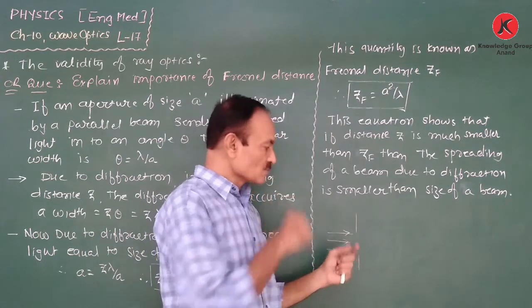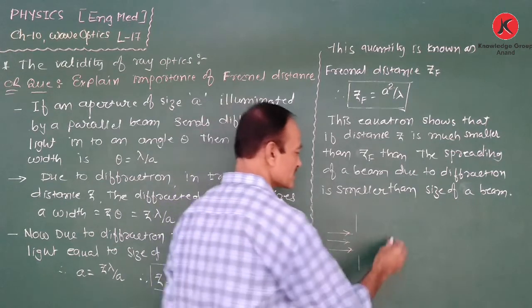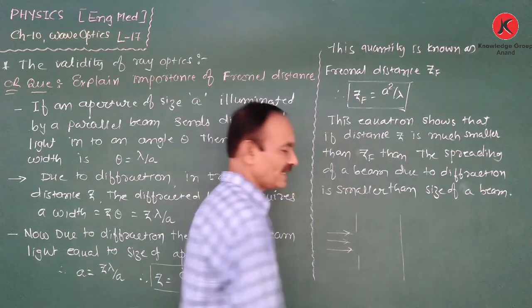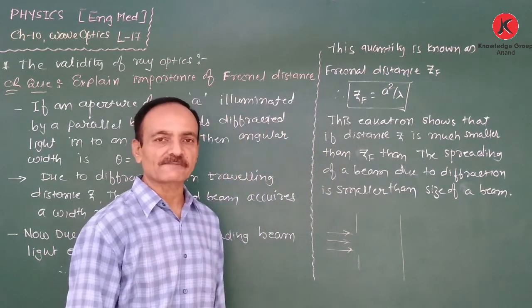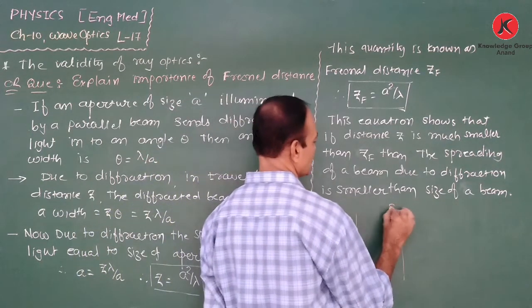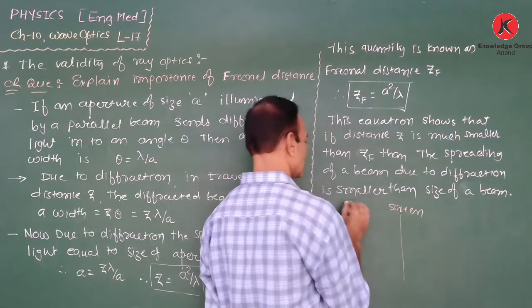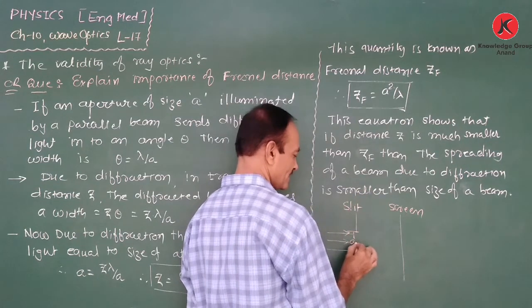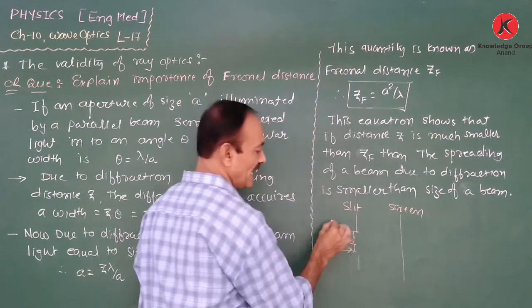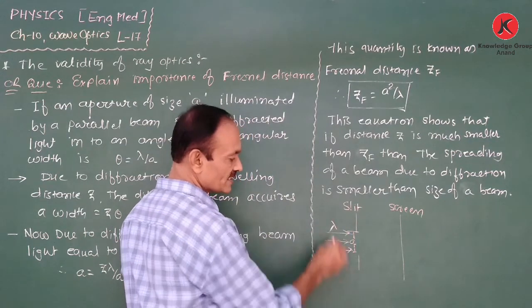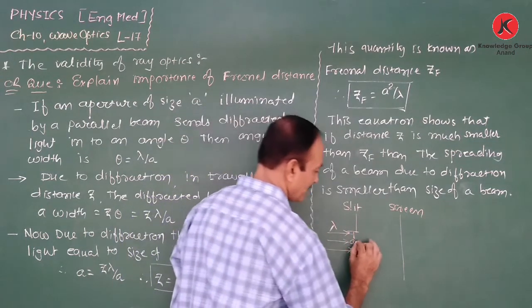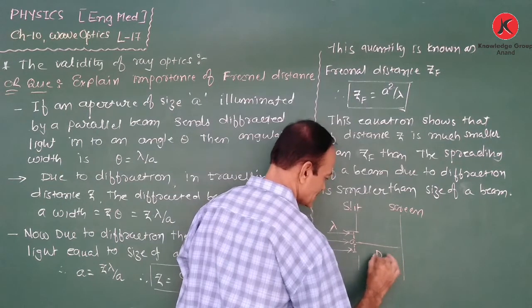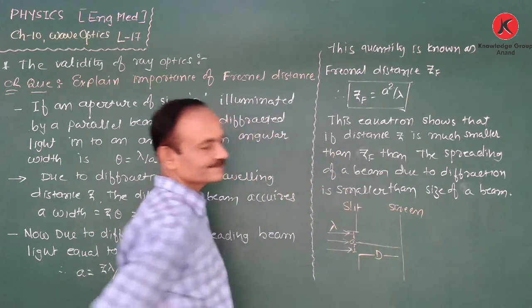These waves superpose on each other and produce the interference pattern, that means bright and dark fringes on the screen. That is the screen, that is the slit. The width of the slit is a, the wavelength of the light used is lambda, and the distance between them is capital D.